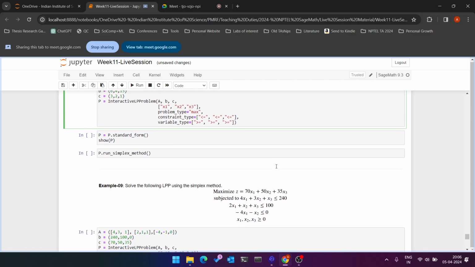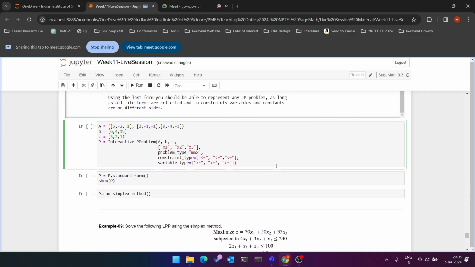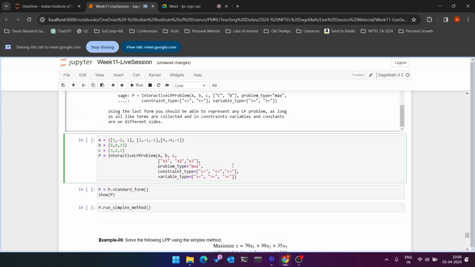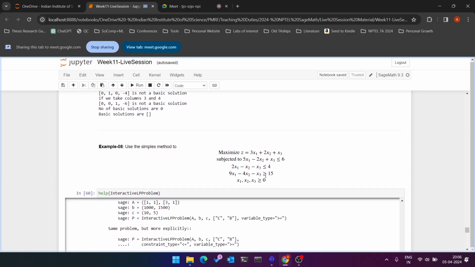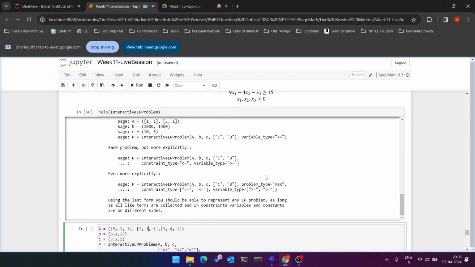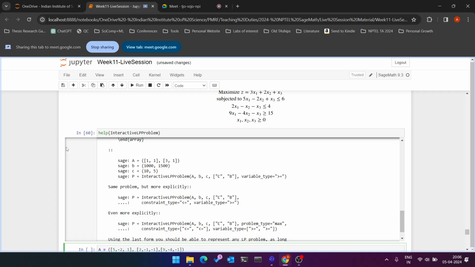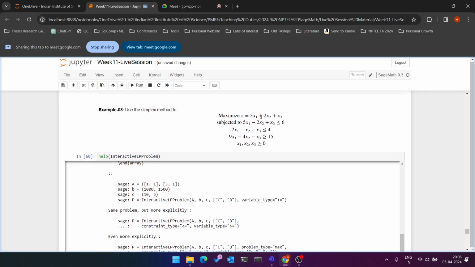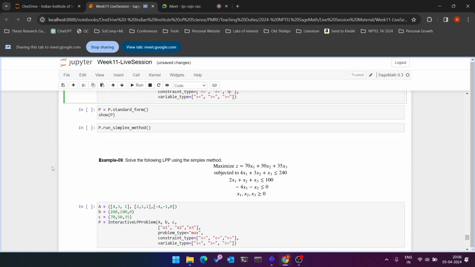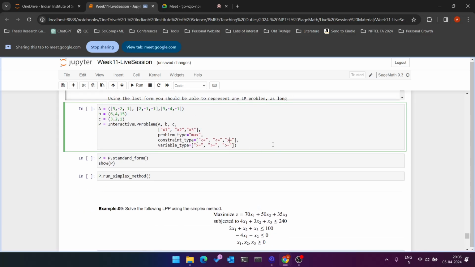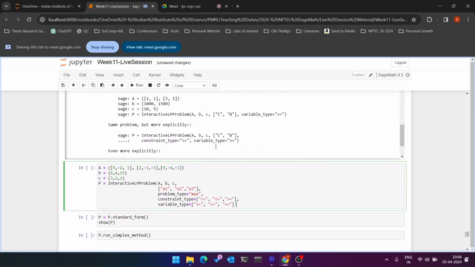So you have 6, 4, and 15 as B, and the third constraint is a greater or equal to constraint. Our C is the coefficient vector for the objective function, so 3, 2, 1. And with this in mind, all of the variables are greater or equal to 0.